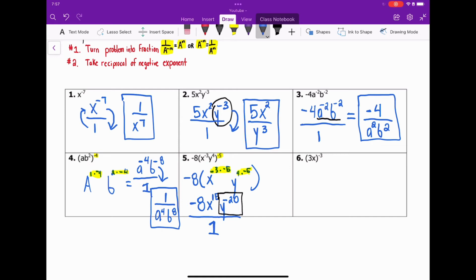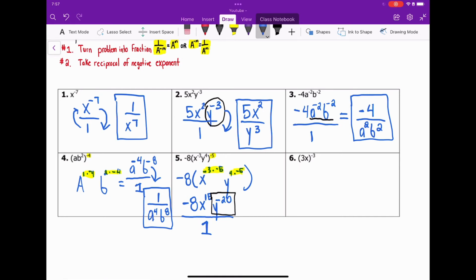And after I put it over 1, to simplify I only take the reciprocal, only bring y to the -20 down to the bottom of the fraction. And once I do this, my final answer should be -8x to the 15th power divided by y to the 20th.